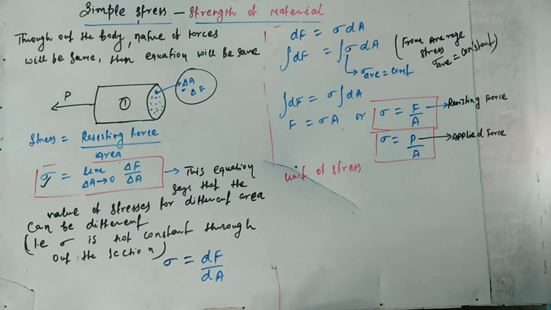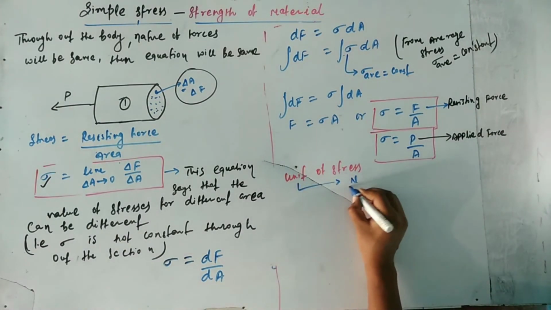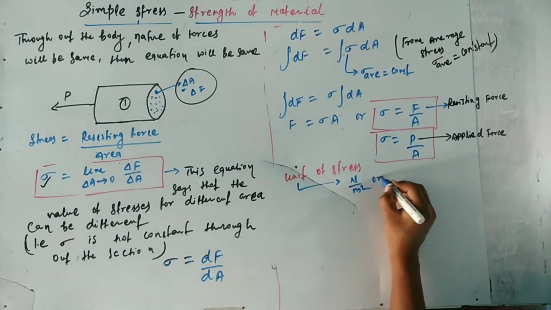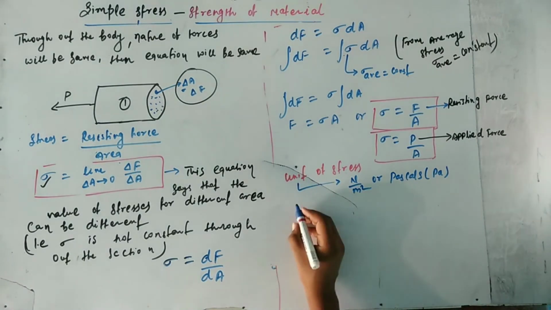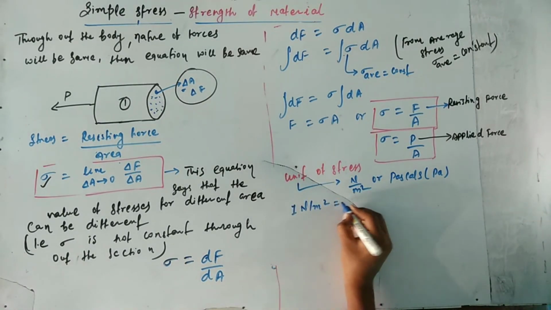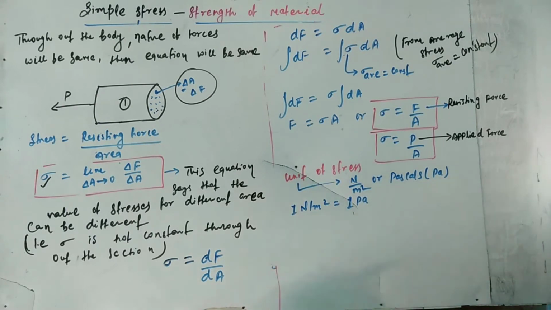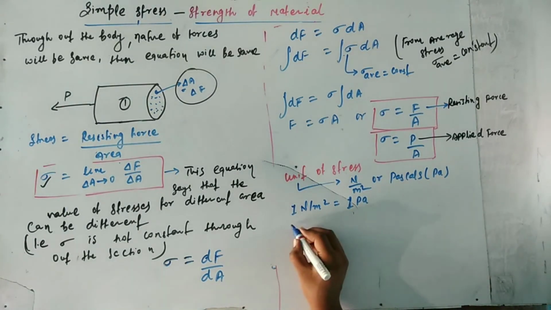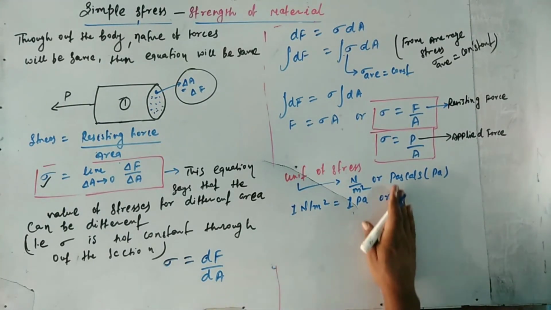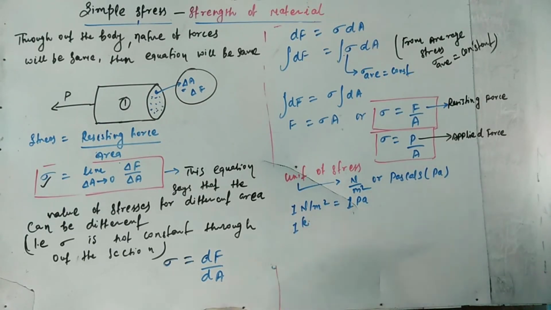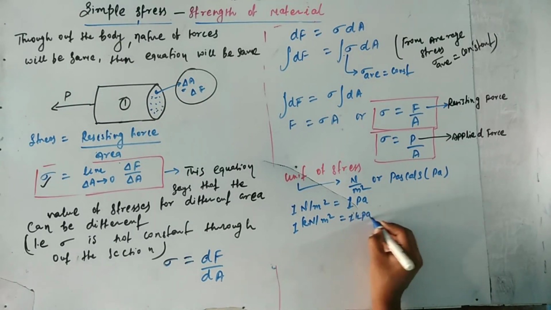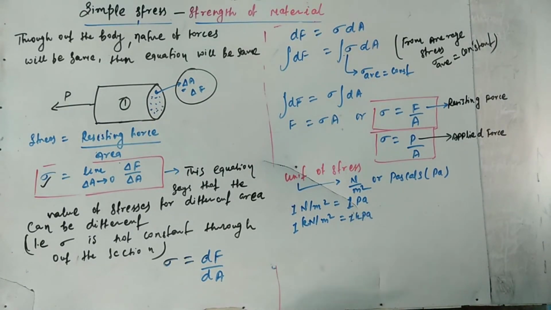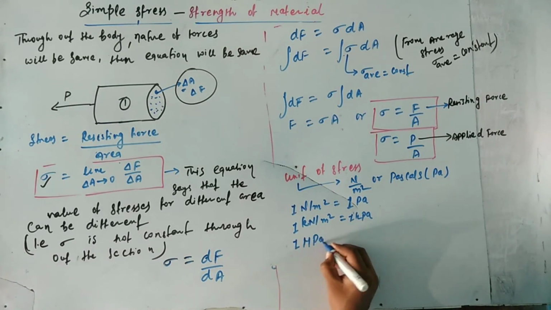Now the unit of stress. The unit of stress is force per unit area, that is Newton per meter square, and it is called Pascal. So 1 Newton per meter square is equal to 1 Pascal, or 1 kilo Newton per meter square is equal to 1 kilopascal. Or 1 megapascal is equal to 10 to the power 6 Newton per meter square.